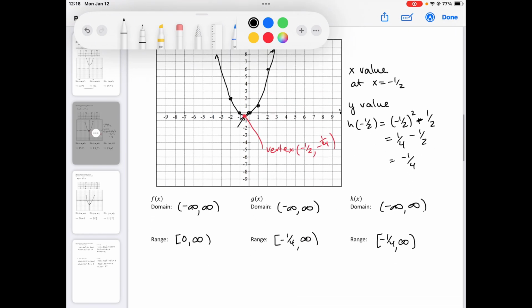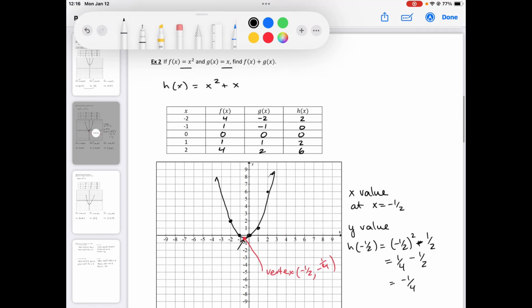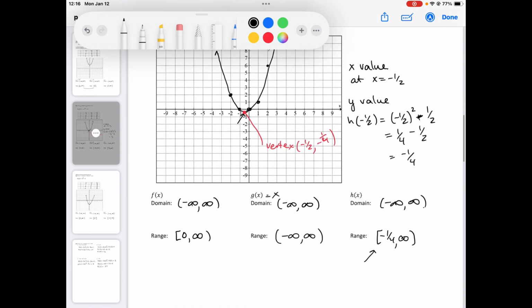Well, I'm going to change this range. I was looking at my final answer. The range of this line, because g(x) is just x, the range of that would be all real numbers. And then my new h(x) is going to be the range of my final function.